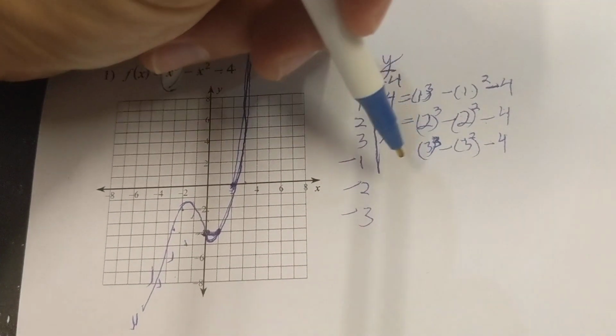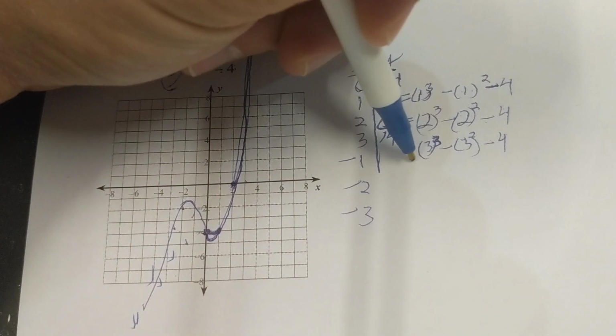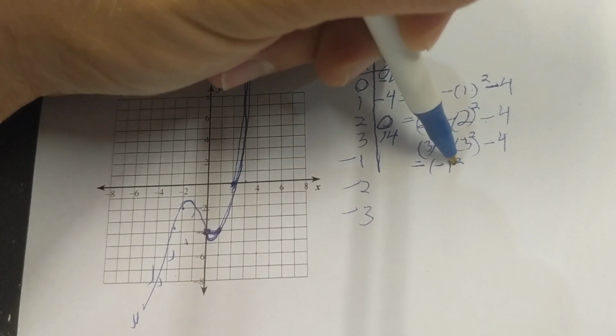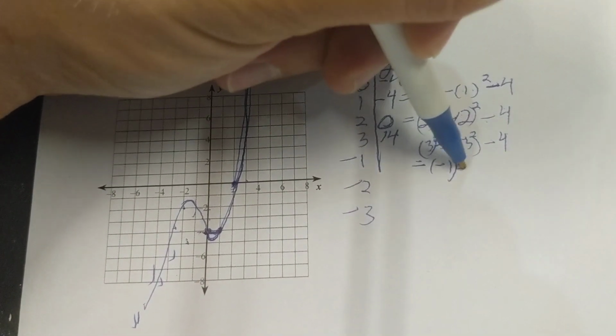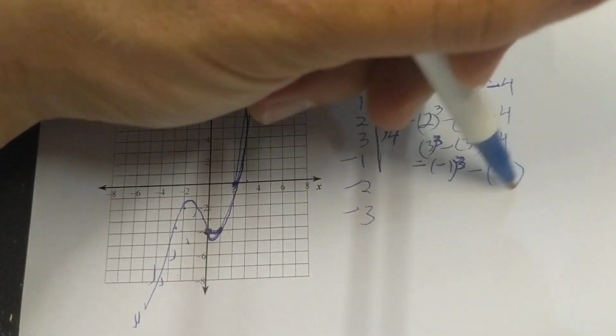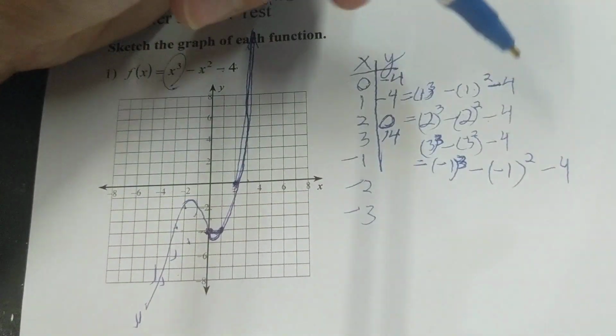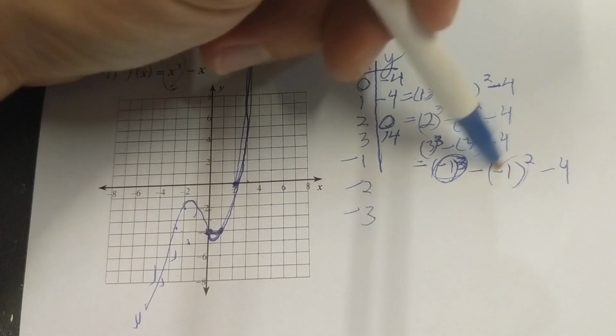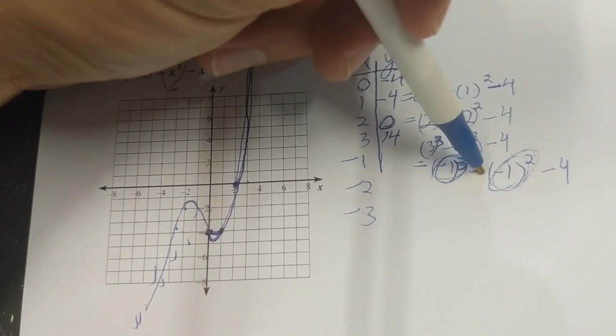Here I'll do one of them for you just to remind you about how negatives go. If we plugged in a negative 1: negative 1 to the third minus negative 1 squared minus 4. Negative 1 to the 3 is negative 1. Negative 1 squared is positive 1, but I am minusing it.